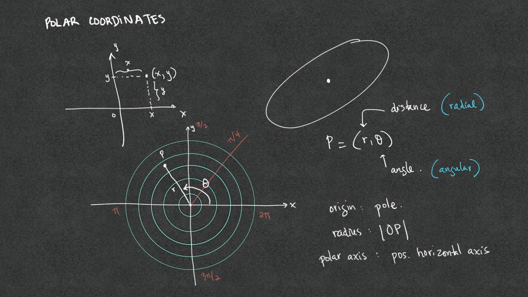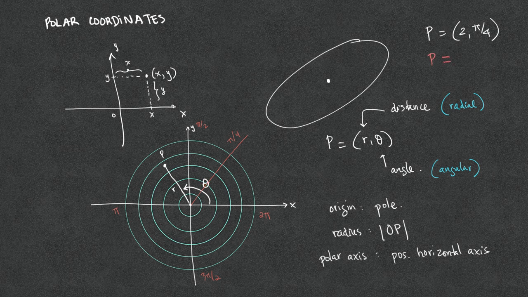For example, to plot the point P 2, pi over 4, we will start at the positive horizontal axis, sweep an angle pi over 4, stop at this ray pi over 4. We then start from the origin and go out 2 units.